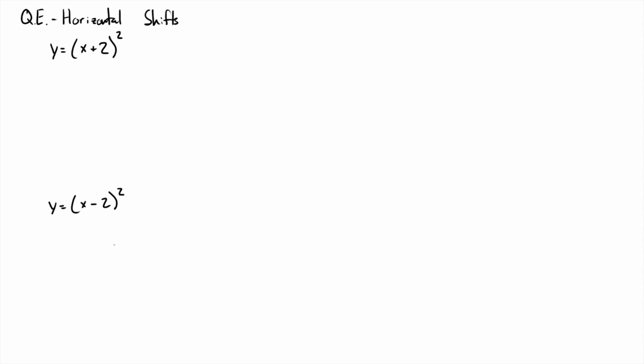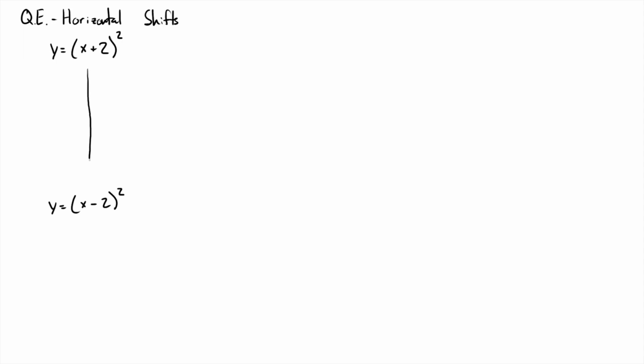Okay, so slightly different from our vertical shifts. The addition and subtraction is going to happen within brackets with the x, and it is also going to be squared with the x term. Okay, so we'll see how this affects our graph and how it horizontally shifts it.